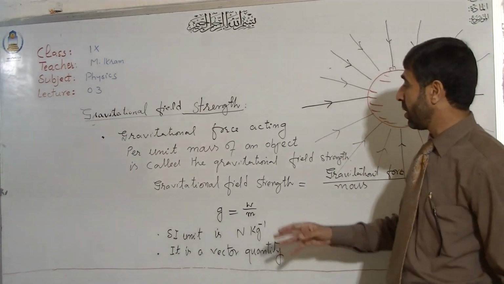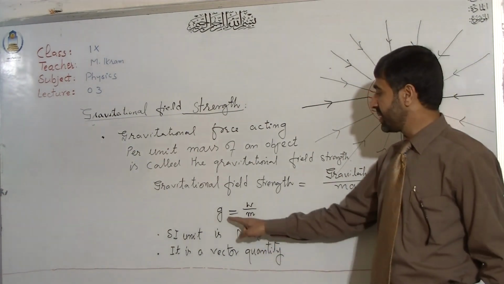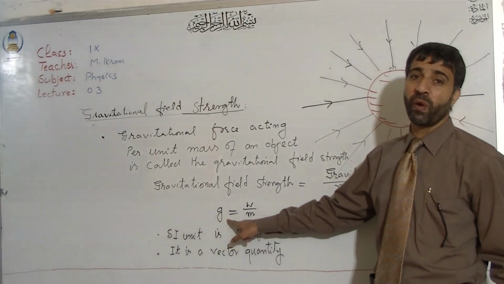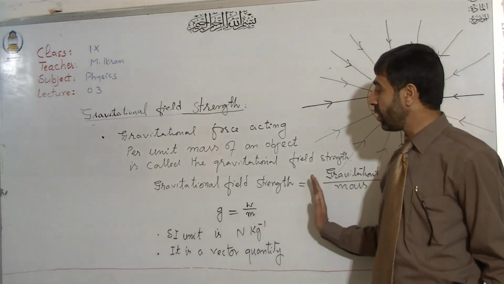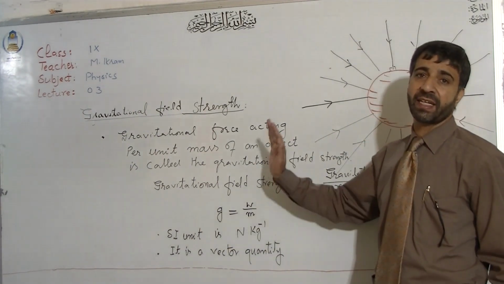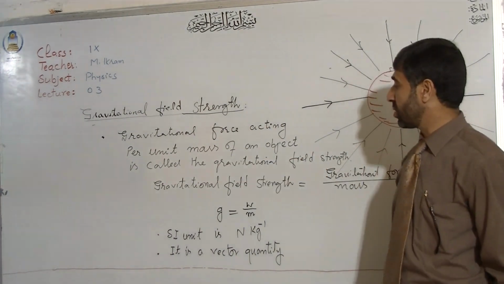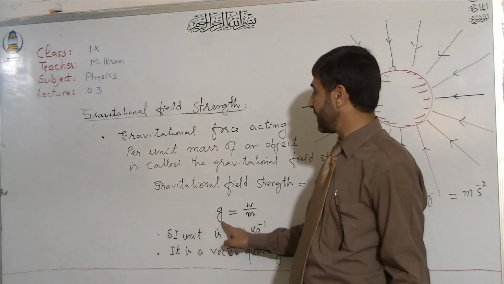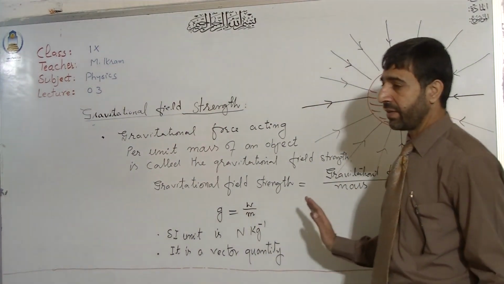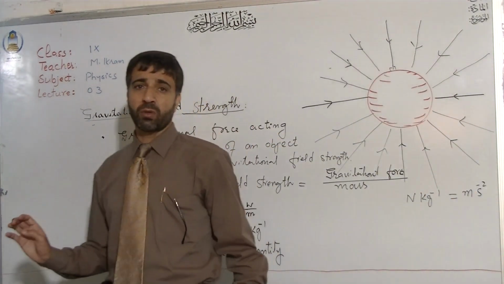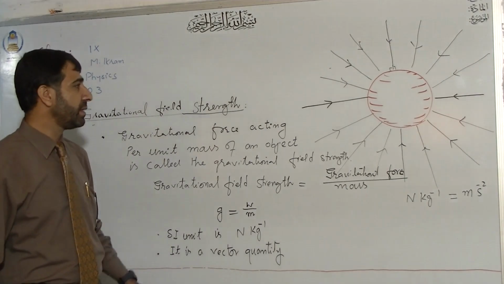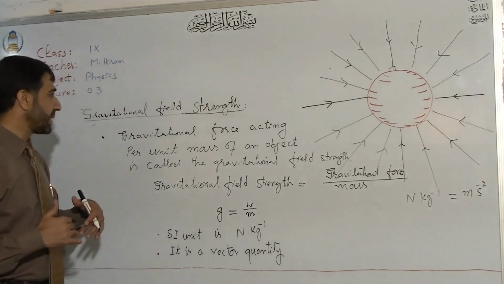For example, look at the black hole. This g for the black hole is very large. It is so large that even light cannot escape from it. So the greater the gravitational field strength, the greater the gravitational force of an object. Hope today you have learned about the gravitational field strength.